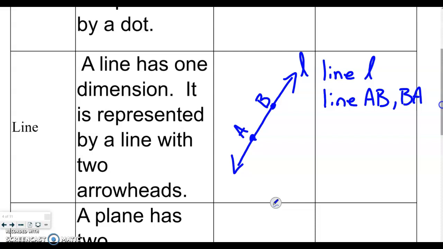There's one other way we can name these. If we wanted to use just the letters, we would need to put that double arrowhead line above the letters, showing that it's a line. And that could also be BA instead of AB, as long as you've got the double arrowhead line above it. So those are the different ways we can name a line.